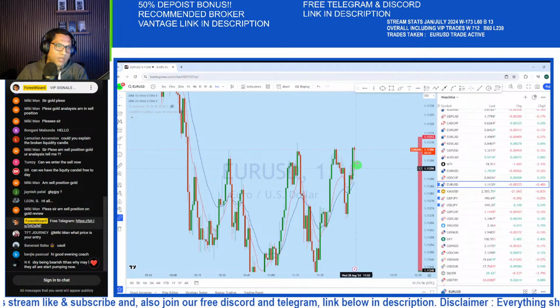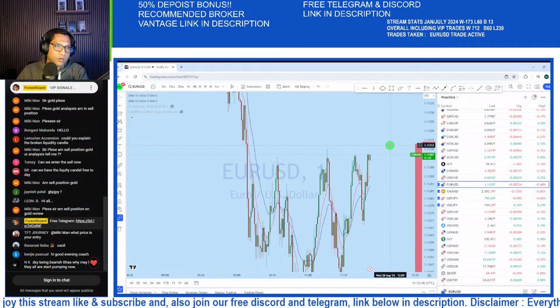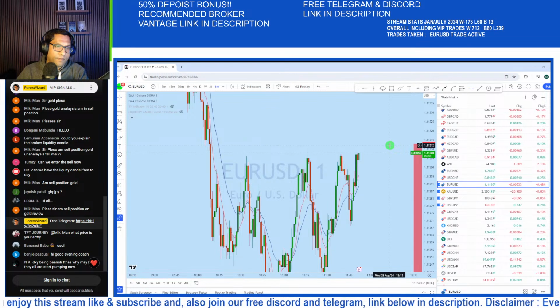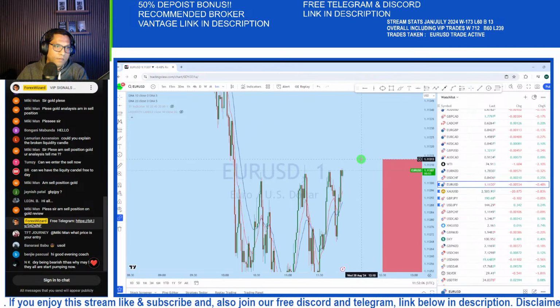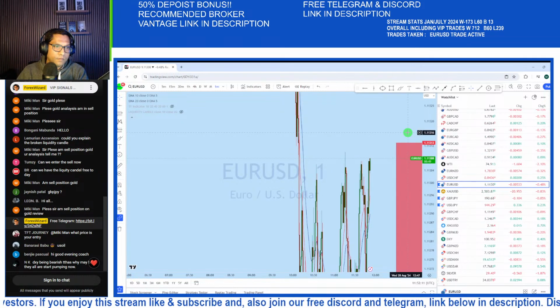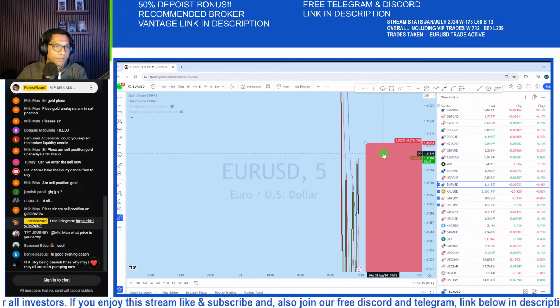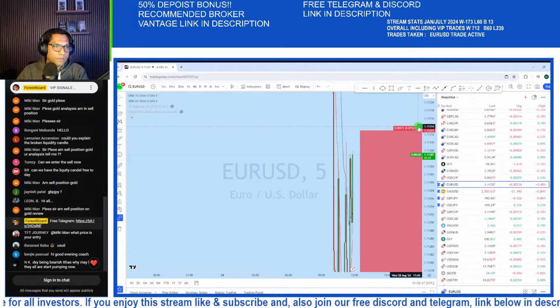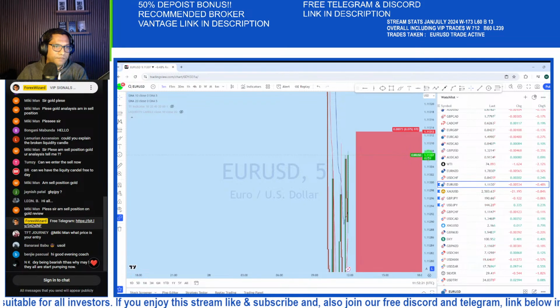Because here is a bullish price action on the 1 minute on euro dollar. It's very weird price action.